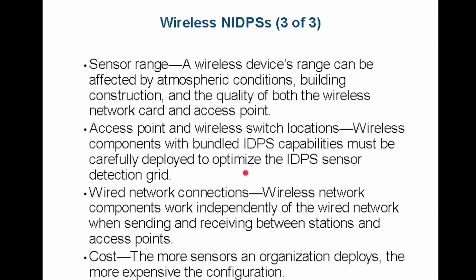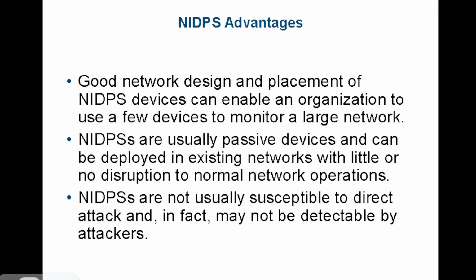Hard to know where they're deployed. You want to deploy them to optimize the detection of other systems, and they generally work independently. As you use more of them, they get more expensive, just like any technology.